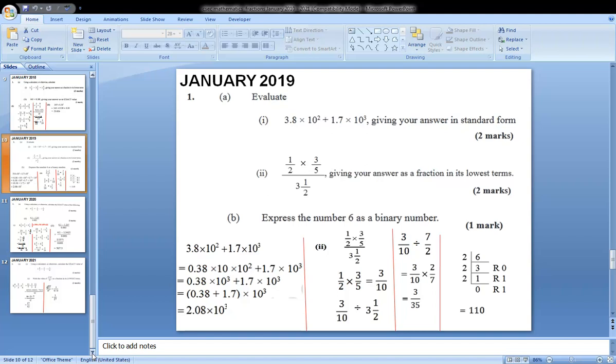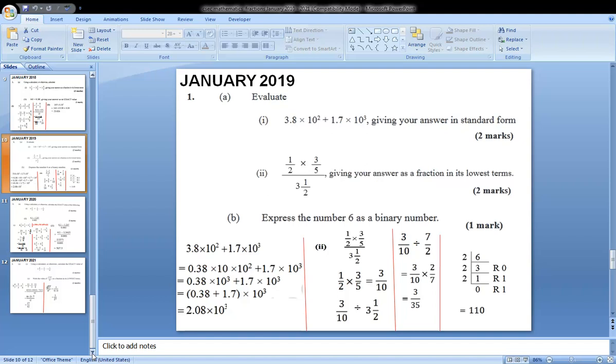So when we work that out, we get 0.38, and then we add that to 1.7. And of course, in standard form, we're going to multiply that by 10 raised to the third power. So that would give us as our answer 2.08 times 10 cubed in standard form.